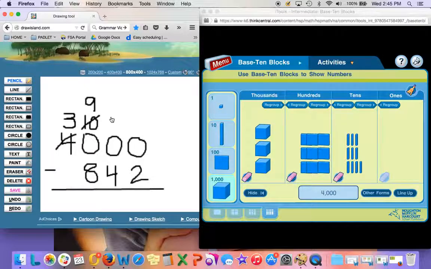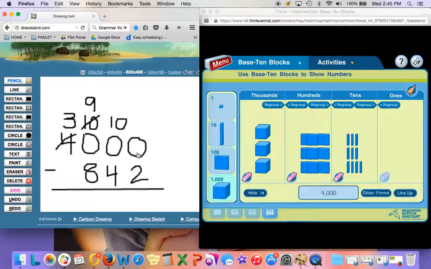I can't just put a 1 because I'm talking tens. So I need 10 tens to make up for that 100 that I just took away. Okay, so now we have 3,000 plus 900 and 10 tens, which makes that 1,000. So 1,000 right here plus the 3,000, we still have this 4,000.